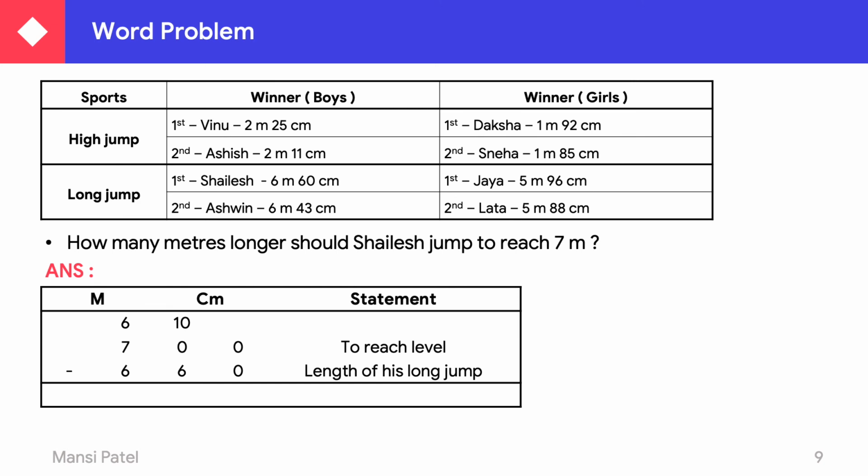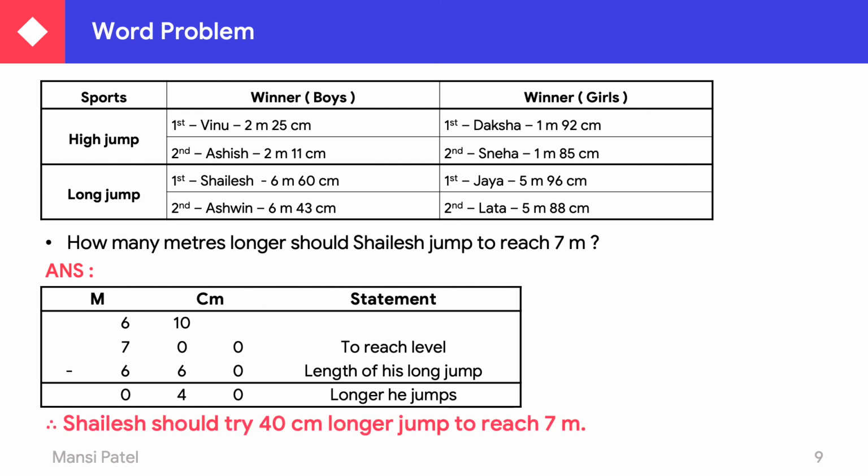So it is 6 and 0 becomes 10. 10 minus 6, 4, and 6 minus 6, 0. So 40 centimeter. If he jumps 40 centimeter longer, then he can reach 7 meter. So Shailesh should try a 40 centimeter longer jump to reach 7 meter.